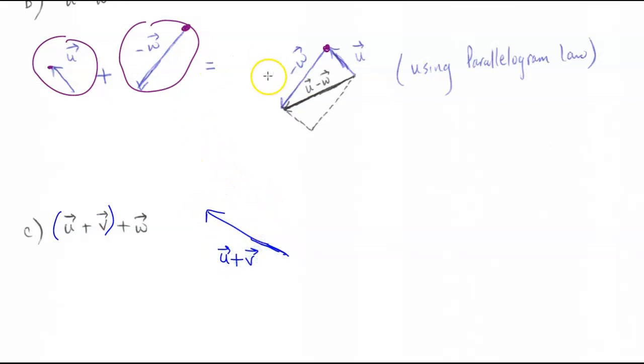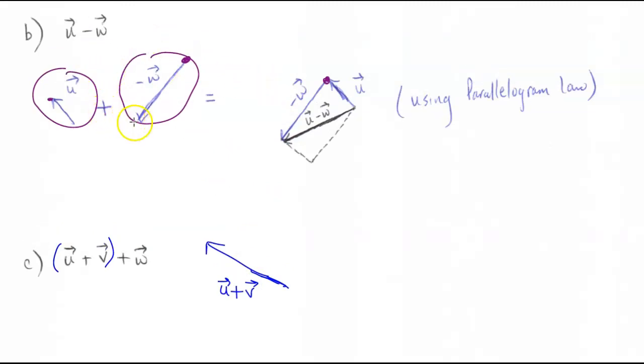We also remember here that vector w looks exactly like this vector minus w, but turned in the opposite direction. And so I'm going to estimate what that would look like here. Vector w here. And then, of course, to be able to get the resultant vector, what we can do is draw this parallelogram.